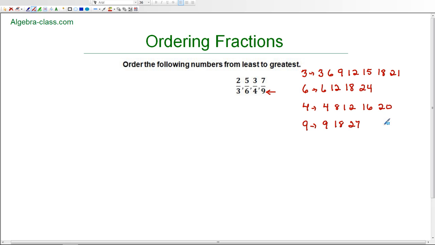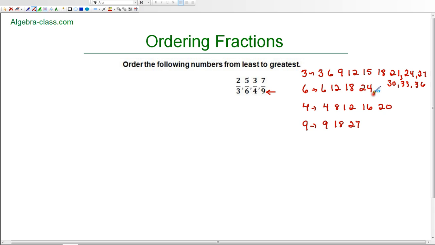As I take a look at my multiples here, I do not see any multiple that is the same for all 4 of these numbers. So I need to keep going. 21, 24, 27, 30, 33, and 36.